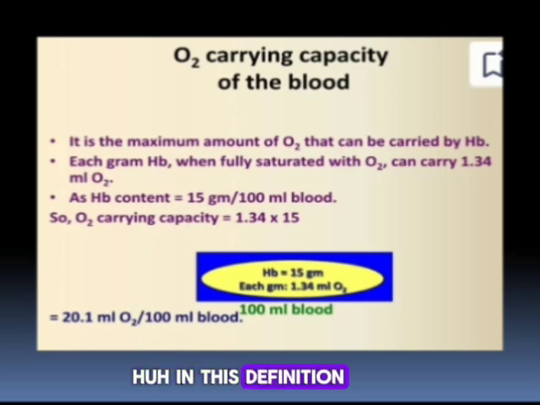In this calculation, the oxygen carrying capacity is the same as the amount of oxygen carried by hemoglobin. In the initial slide, the oxygen carrying capacity of the blood is given as 19.6. We are looking at when this hemoglobin is completely saturated.